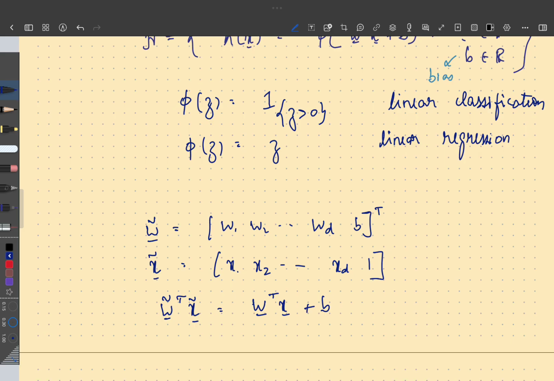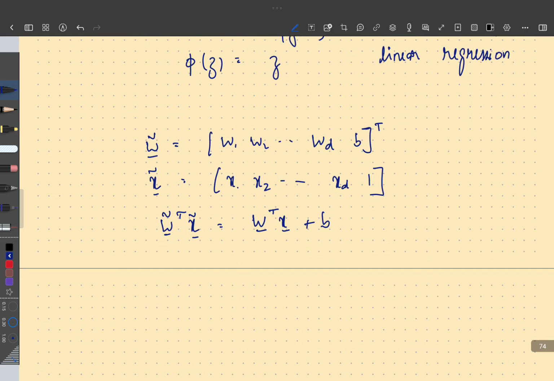And indicator w transpose x plus b greater than 0 is the same as saying indicator w tilde transpose x tilde greater than 0.